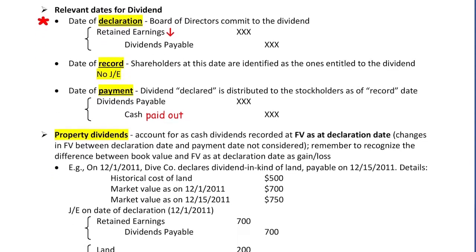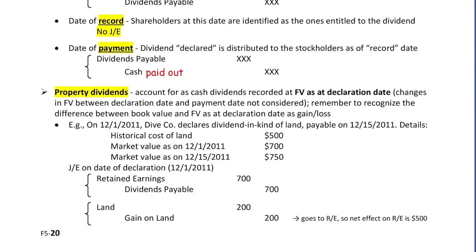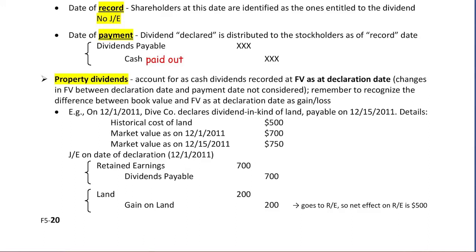So looking at the example there, Dive company declares dividend in kind of land on 1st December 2011, which is payable on 15th December 2011. The land, which has got a historical cost of $500, is worth $700 on 1st December, the date of declaration, and $750 on 15th December, the date of payment. So we're going to look at the fair value on the date of declaration.